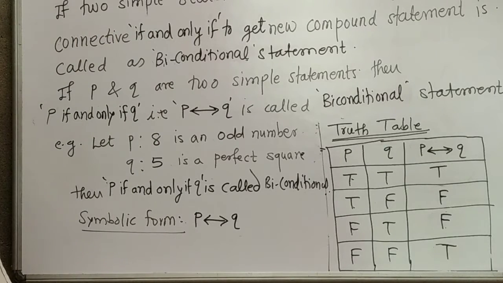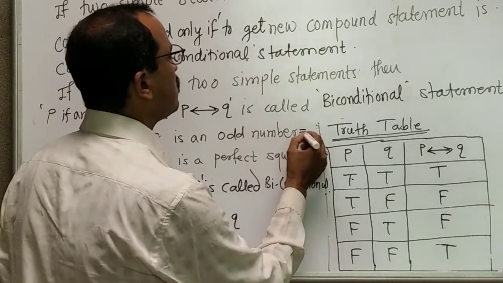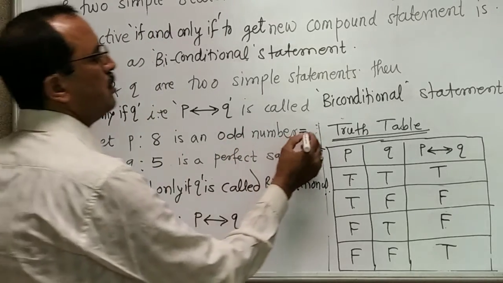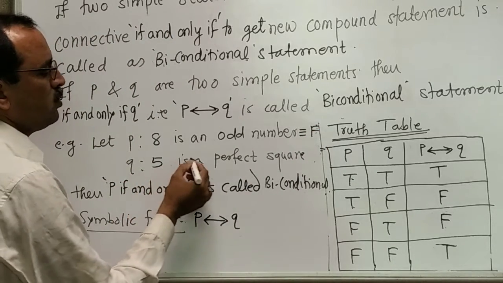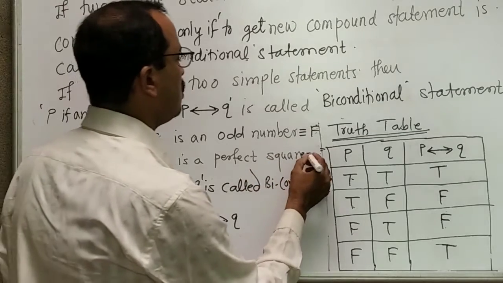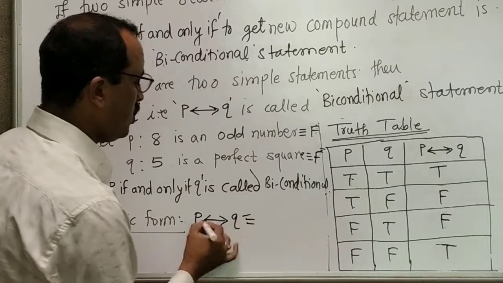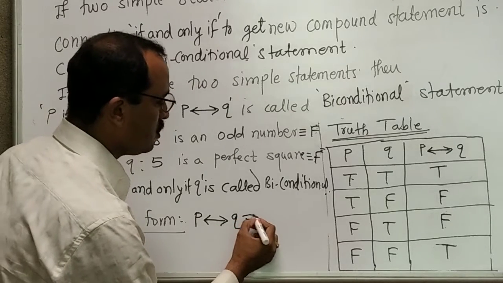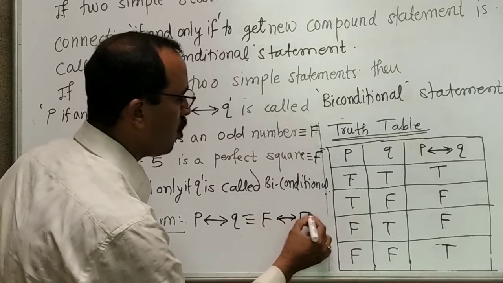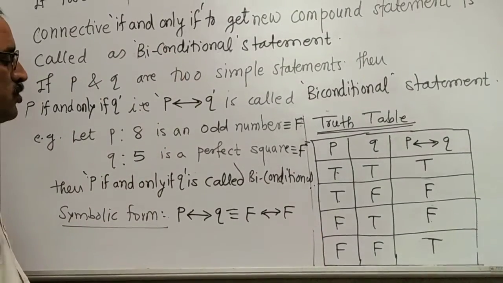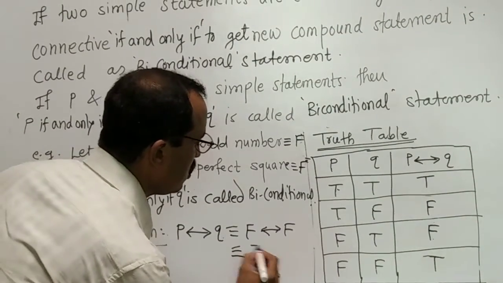So in this example, P is 8 is an odd number. The statement is false. Then Q statement is 5 is a perfect square. This statement is also false. So see here, P if and only if Q, means P is false if and only if Q is false, then the resultant statement P if and only if Q is true.